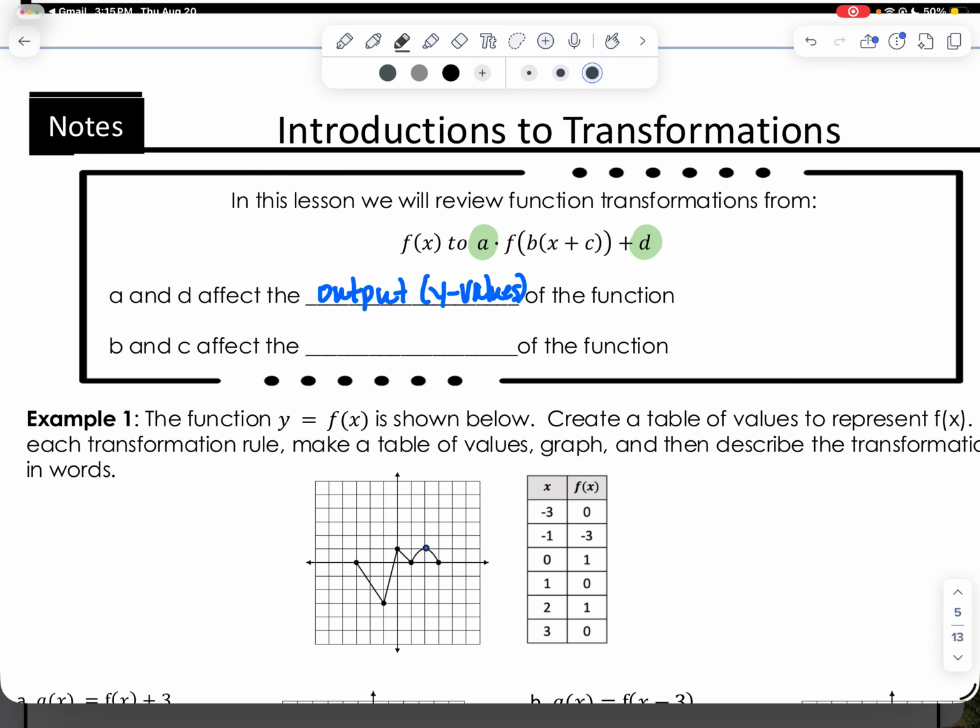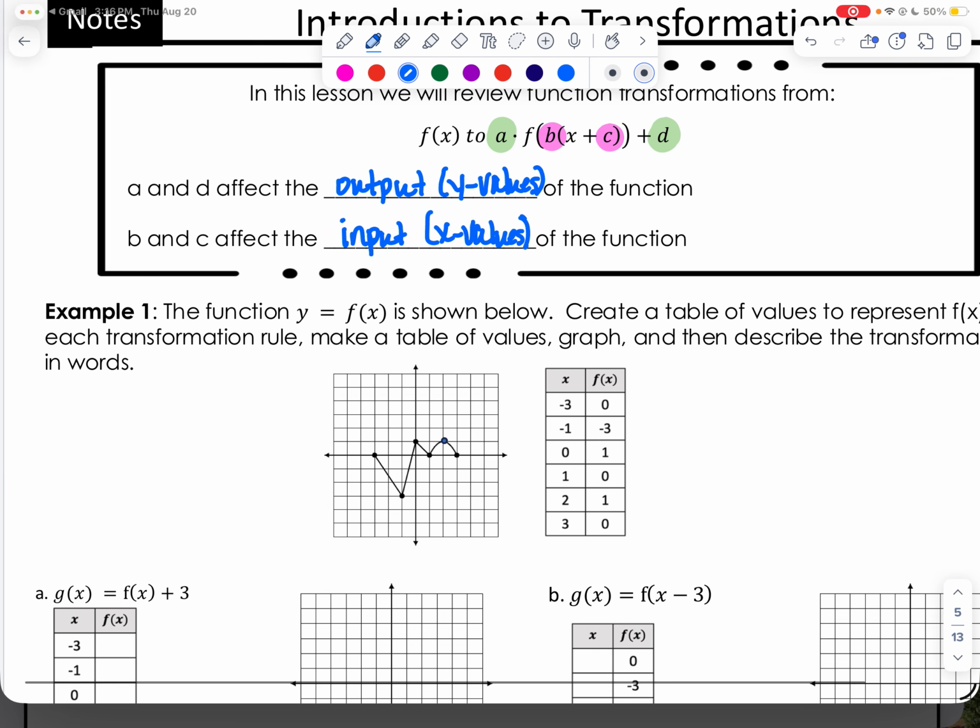Then we have the b and the c. These two variables are grouped up with the x. And so these are going to control the input or the x values of the function.